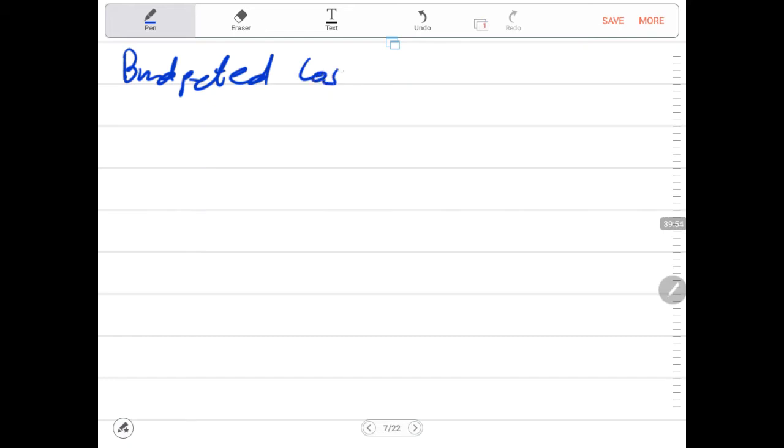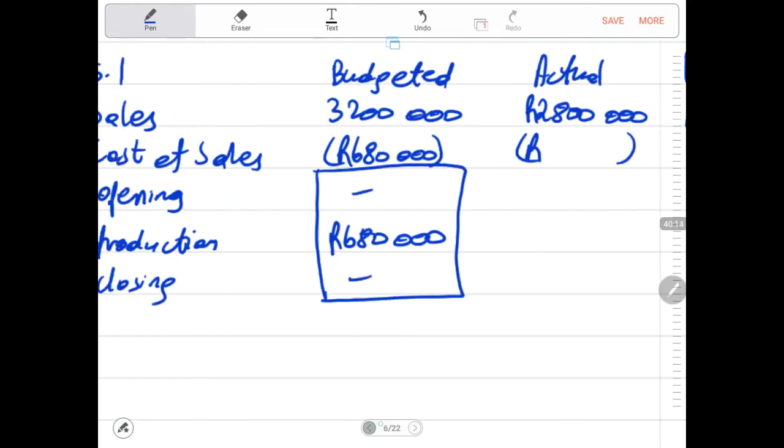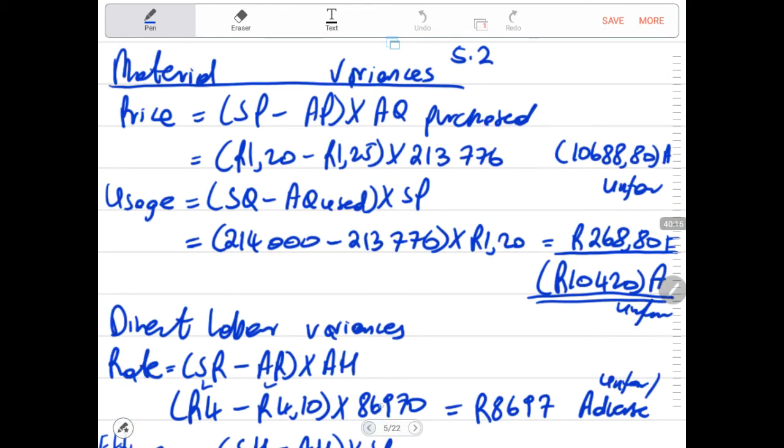I must have had a calculation that says budgeted cost, where I have my material, and my material will be 120 times 5 times 30,000. I must have shown this calculation somewhere.